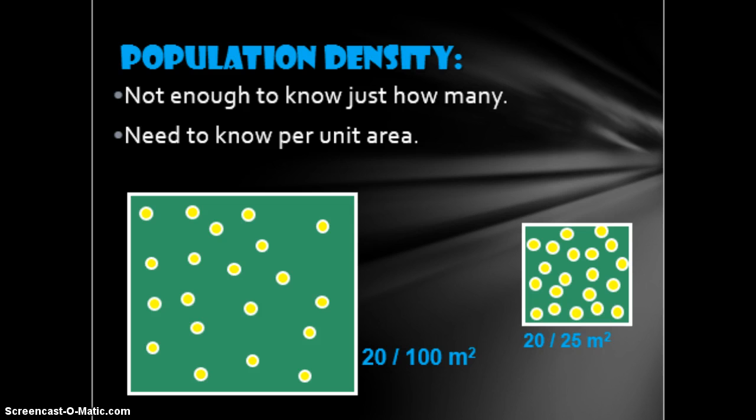So we don't want to just know how many individuals are in the population. We need to know how much space they take up too. So we need to know the population per unit area. And that's the population density, basically how spread out or how close together these organisms are. And that relates to the organism's range. If they need a bigger range or territory, then they need to be more spread out.